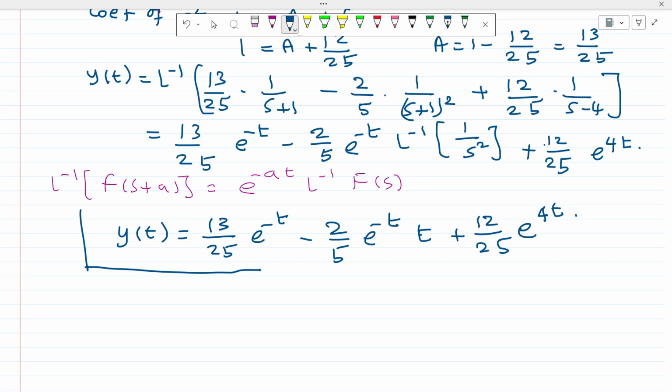This is the solution for that given differential equation.